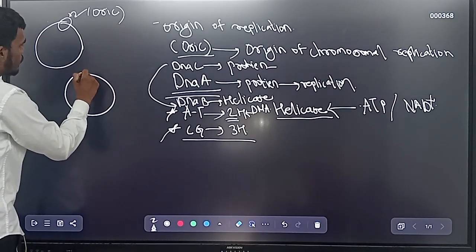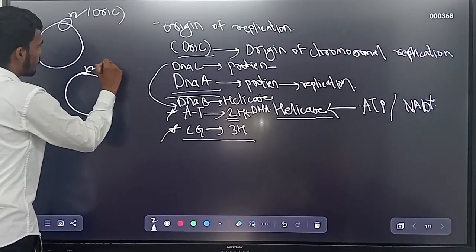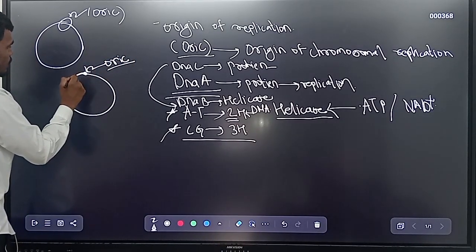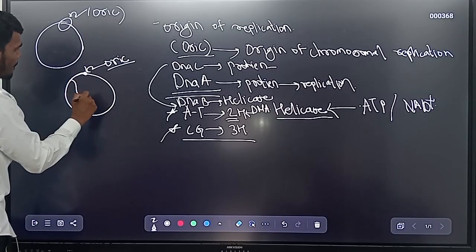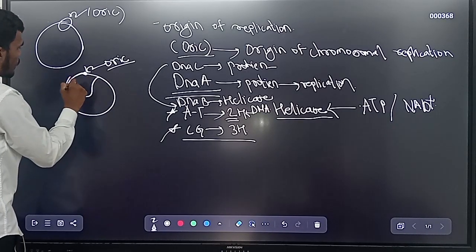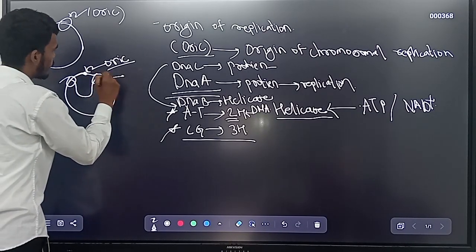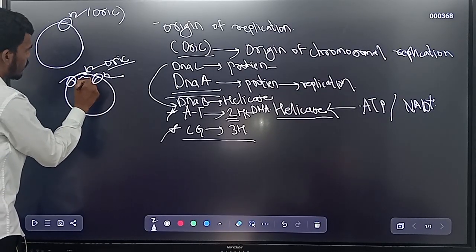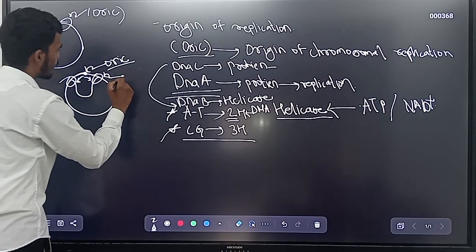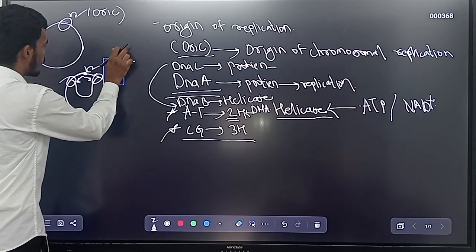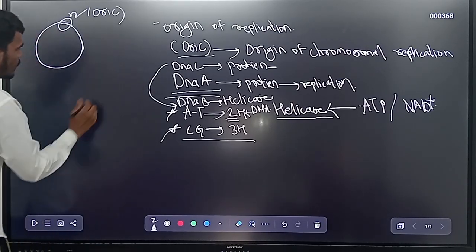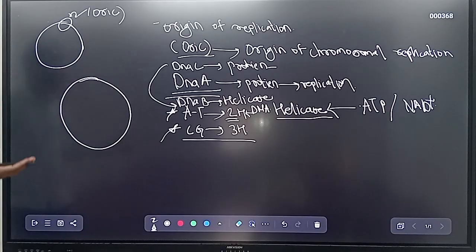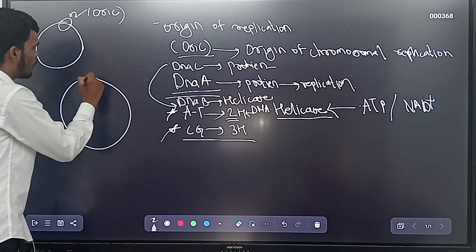When the origin of replication gets formed, a higher amount of DnaA will get attached at this position. DnaA is a protein which helps the helicase enzyme to get attached at this origin of replication.